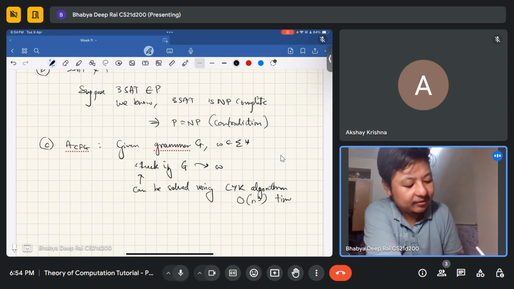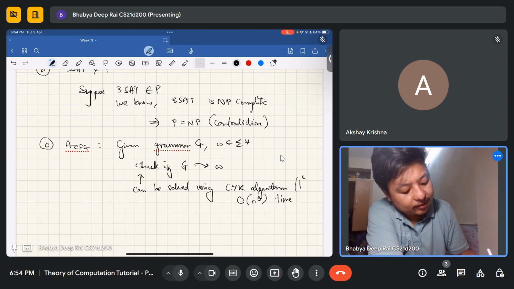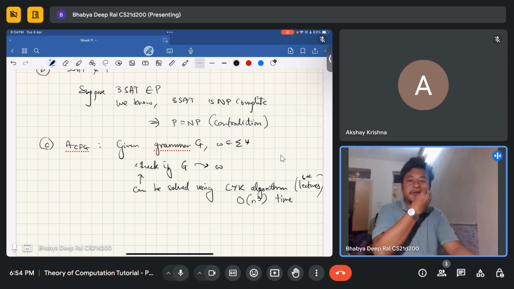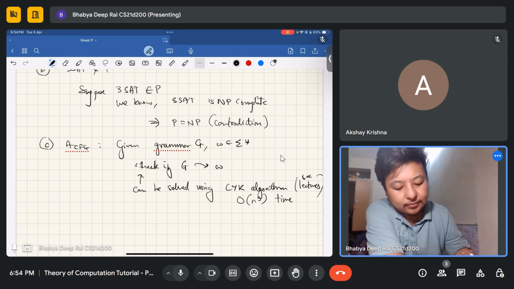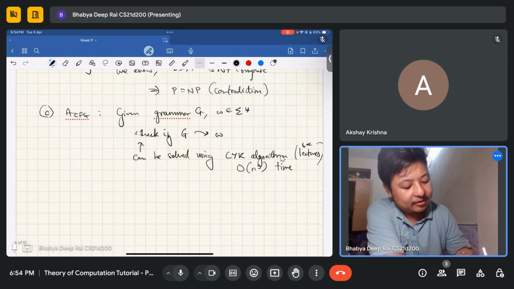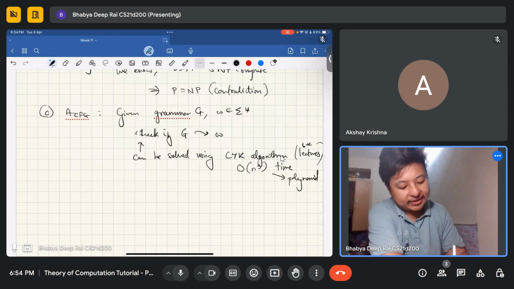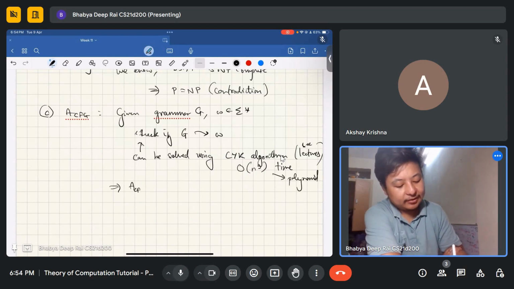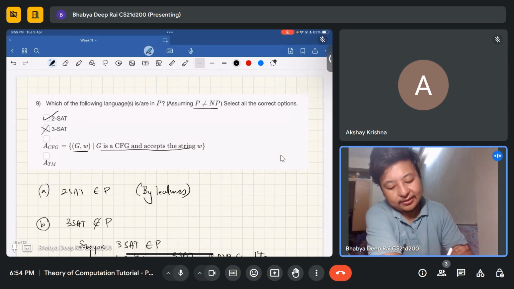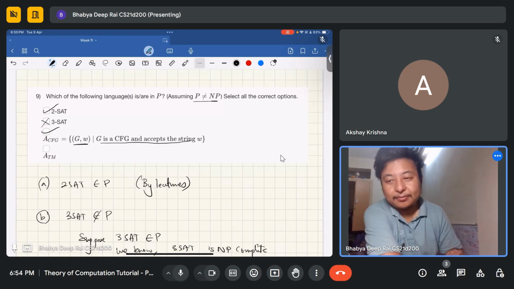We saw this in the lectures. Which is still polynomial, which means that A_CFG is in P. So this is true. Now A_TM. What is A_TM?